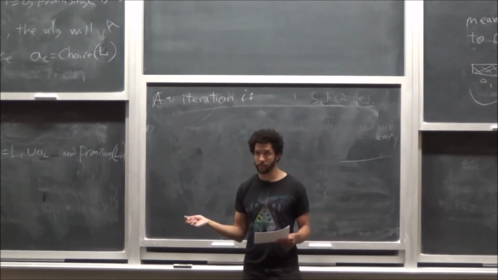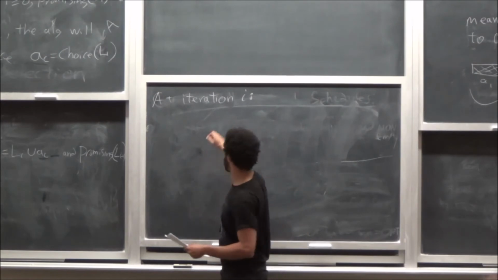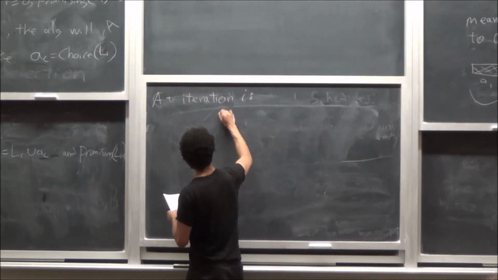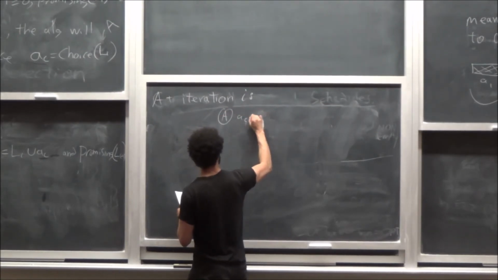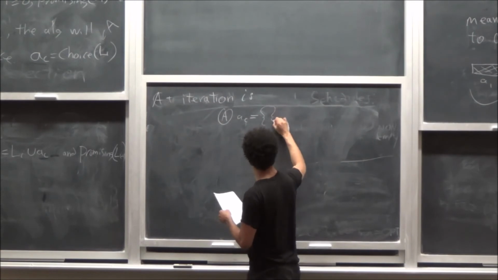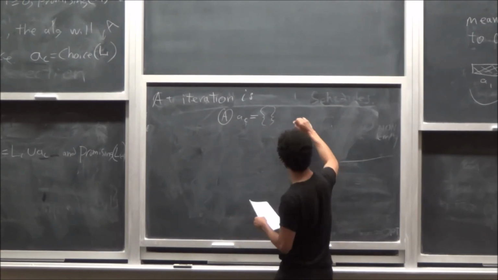So we kind of mentioned them already. What's the first most simple thing that can happen? So we'll call it case A. Is that AC, that the algorithm chooses, is empty.